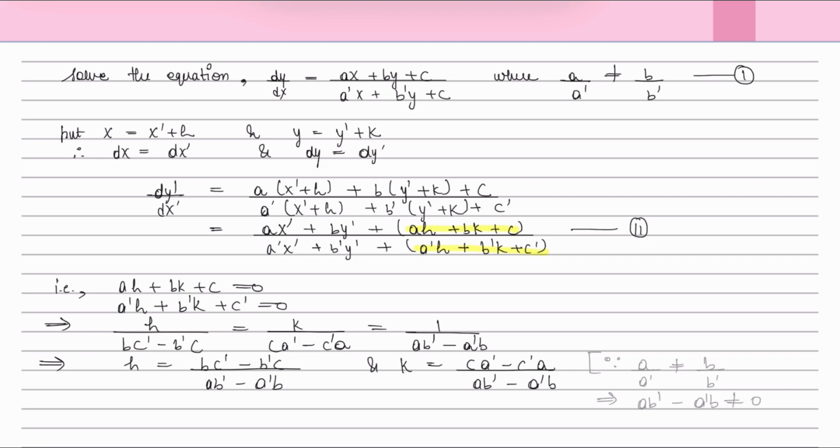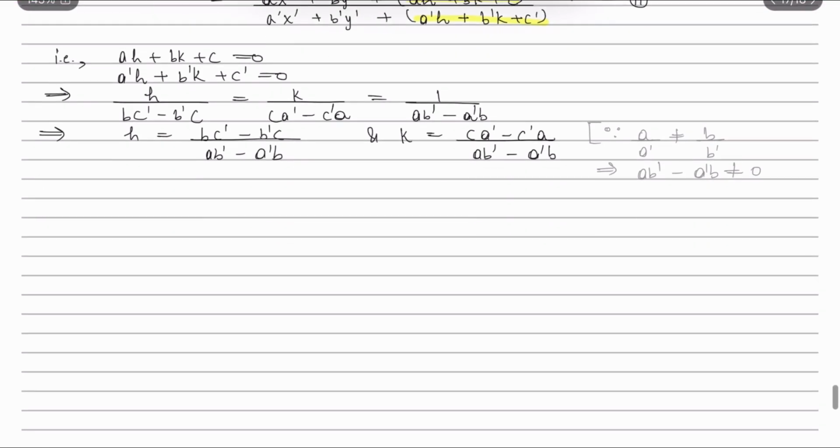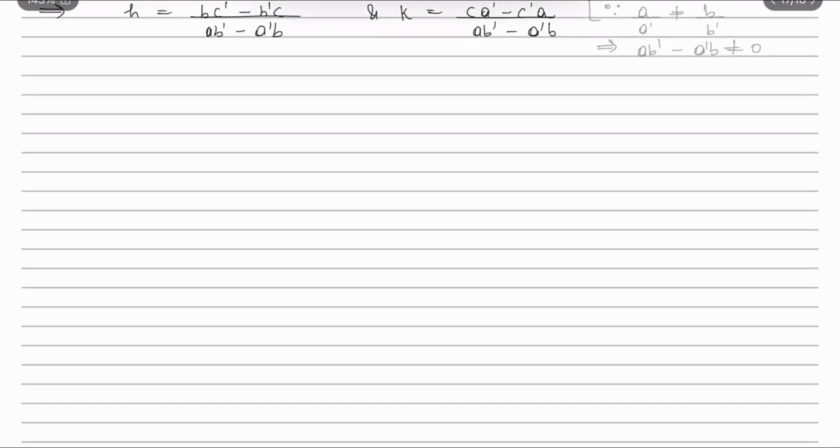This was case number 1. In case number 1, what we have is that a upon a dash is not equal to b upon b dash. What if they are equal? That is case number 2.